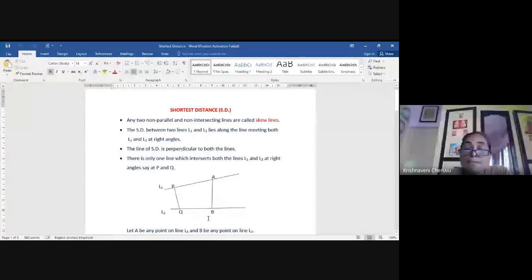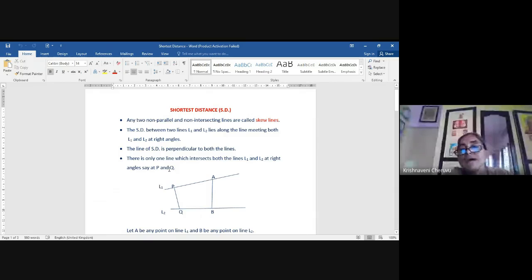You may have some doubt whether we can have any number of lines with that property. No, there will be only one line intersecting L1 and L2 at right angles. That is why you will have only one shortest distance and only one line of shortest distance.